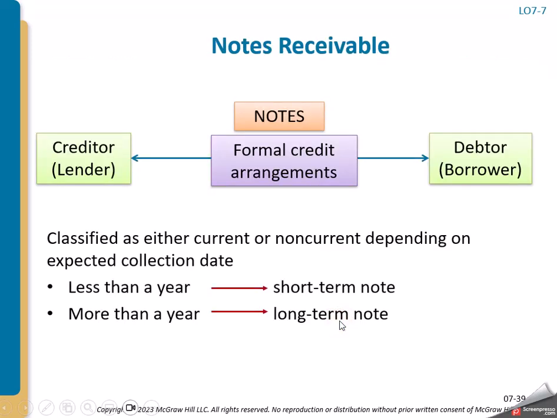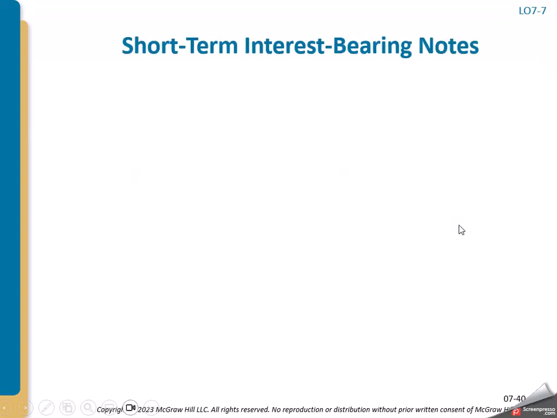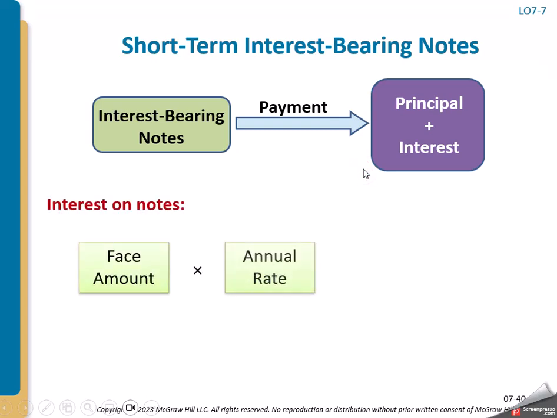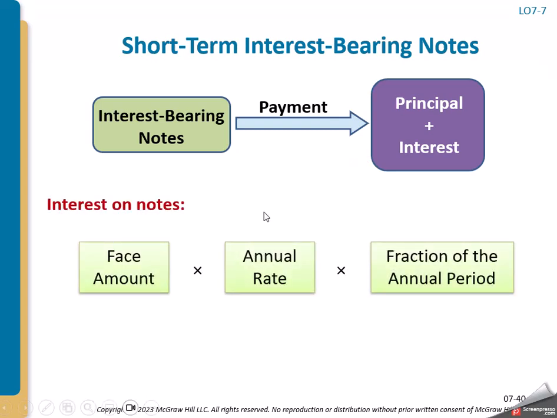Now our notes receivable, that is when we extend debt to a customer. Maybe the customer had 30 days to pay and they couldn't make it and they asked for longer terms. So we may allow them longer terms in a short-term interest-bearing note, but we're going to charge them simple interest.